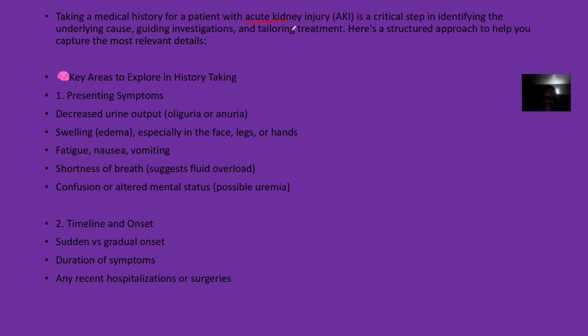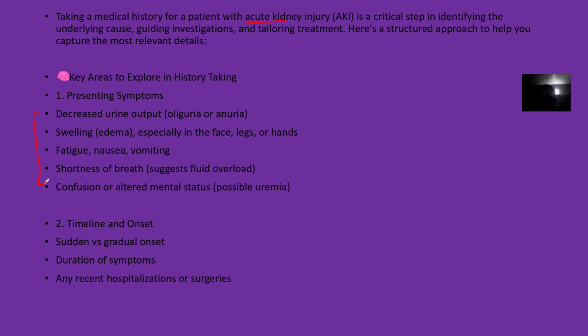So key areas to explore in history taking: we are trying to pinpoint if there's decreased urine output. Because there's decreased urine output now, the child has what? A backlog of fluid in the body, because literally your urine is putting out the fluid from the body.